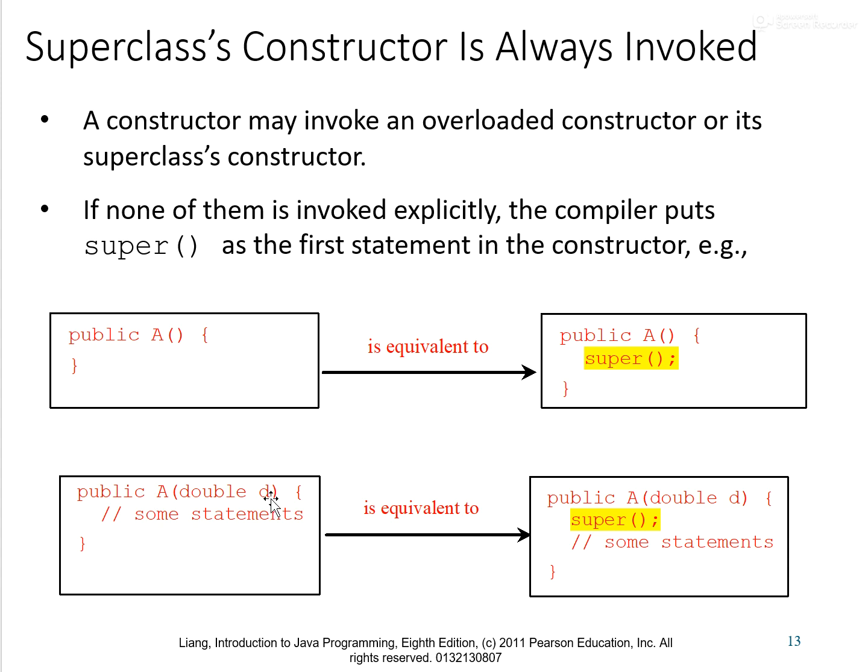Similarly, if you have some other constructor for your class A, one that does take some arguments, and you have something over here, but you're still not calling the constructor of the superclass explicitly, Java will convert that into exactly this: a call to the superclass's no-arg constructor, followed by all the statements that you put in your own class A's constructor.